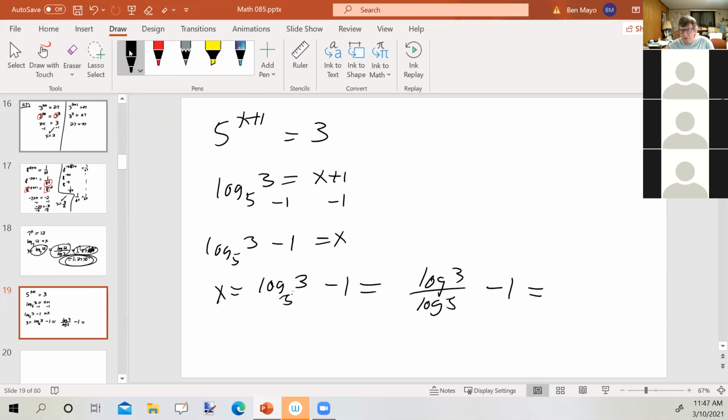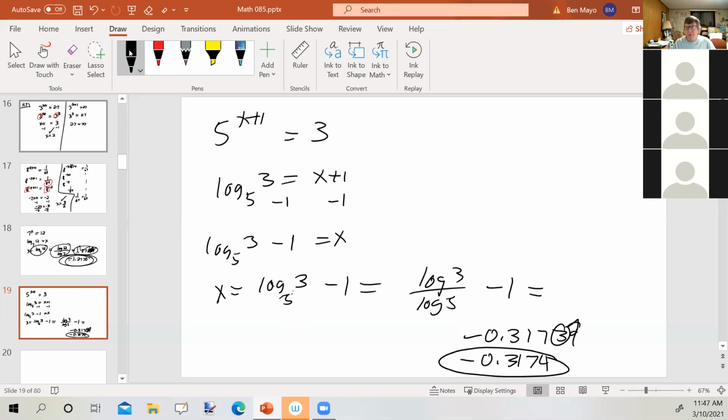Okay, so the minus 1 is not part of the logs. So I've got log of 3, close it up, divided by log of 5, close it up, minus 1, and I get negative 0.31739. The 9 rounds up, so negative 0.3174. Okay. Any questions about that problem?